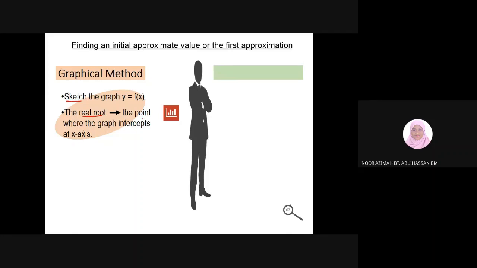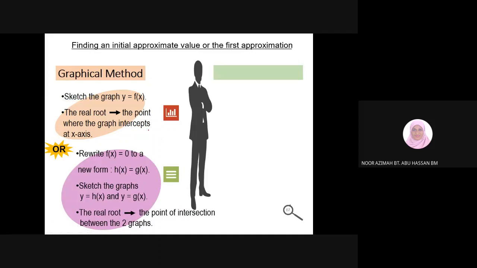So the point where the graph intersects the x-axis is the initial approximation value that we will take. This is if it's only involving one graph.